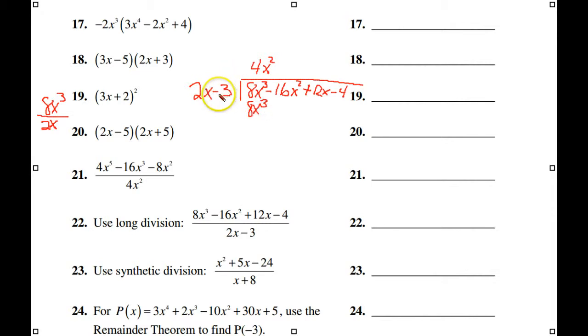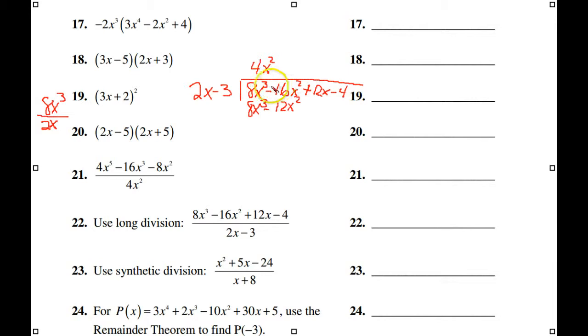But now the key is you have to take this next term, a negative 3, and multiply by that. So that's going to be a negative 12x squared. Now, another thing you may have run into is that you need to have it set up correctly with descending powers.